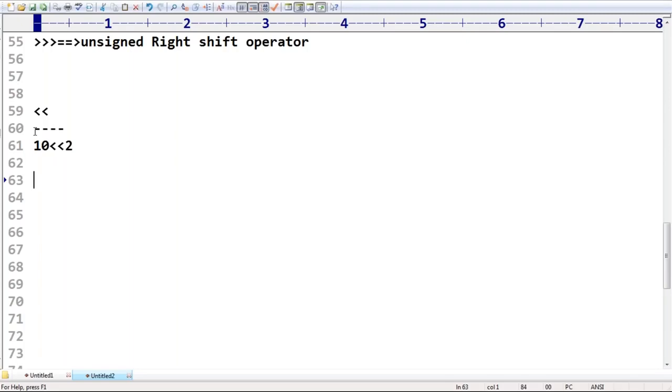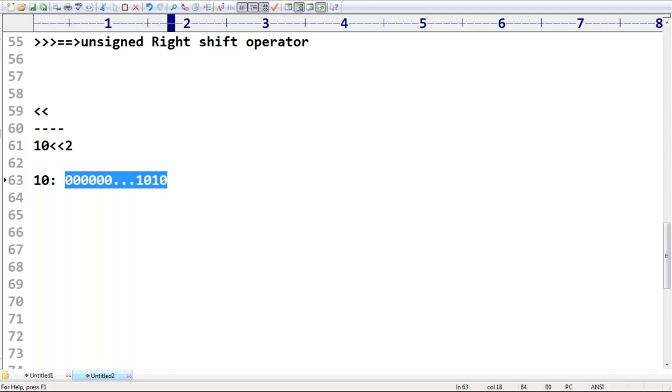Now my question is, take a bit, a very special case, sir. 10 means 0 0 0 0 0 0 1 0 1 0. Sir, do you know the equivalent binary number of 10 is 1 0 1 0? Correct, right? Hey, respond. 10 means what is the equivalent binary number? 1 0 1 0 is the binary number, right?